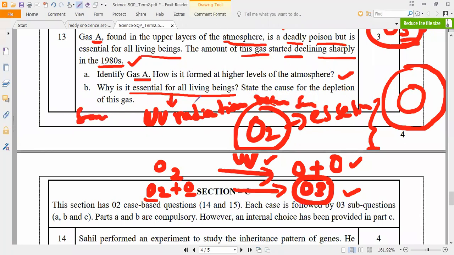So it protects us from harmful UV light. Now, state the cause of depletion. What is the cause of depletion? Now the answer you said is correct. What is that? CFC. Understanding? What is that, guys? CFC means chlorofluorocarbons, which are released by using what? As I told you, your house is also a source of CFC.